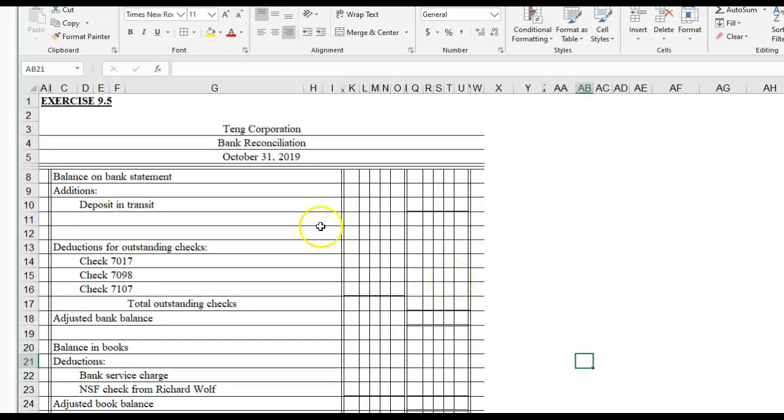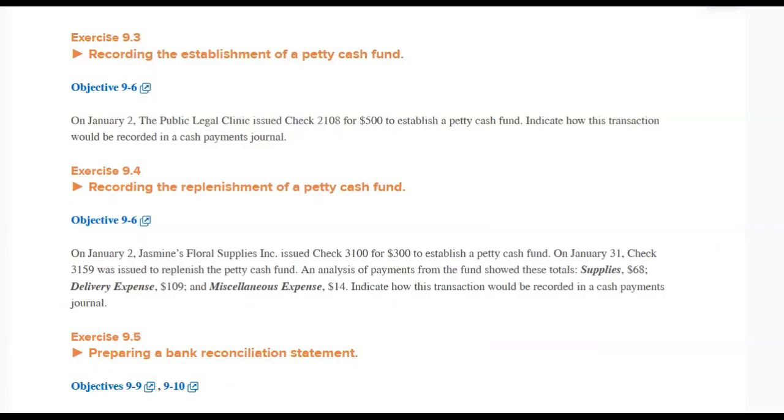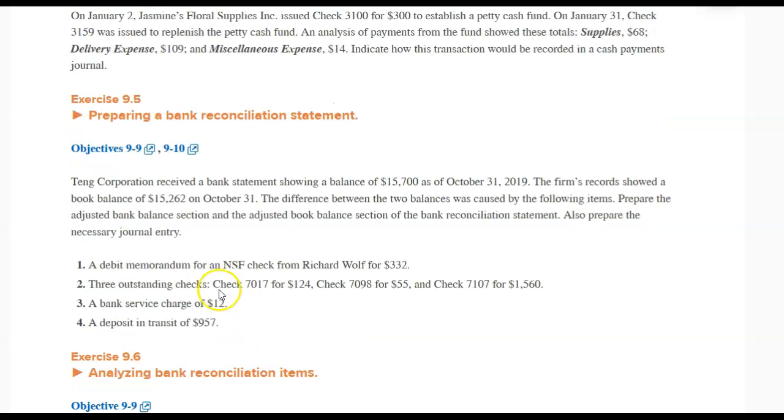Okay, so let's look at the problem. Here's what they give us. They say that the bank statement shows a balance of $15,700. So that's what you're going to put on the top on the first line. And then on the book balance, you're going to put $15,262. So let's go ahead and do that.